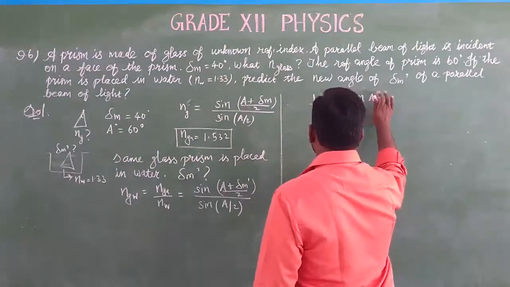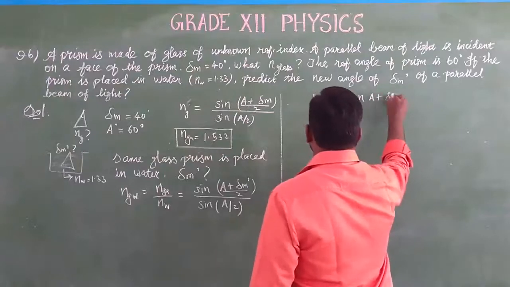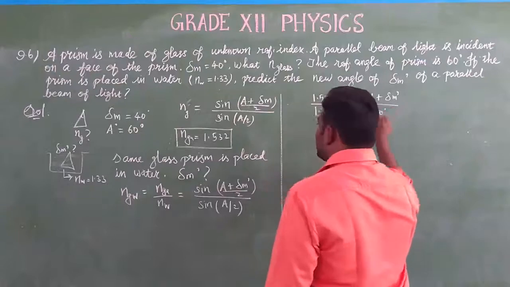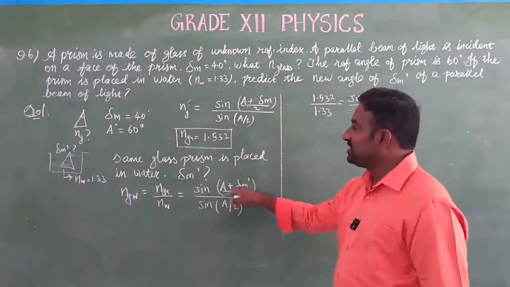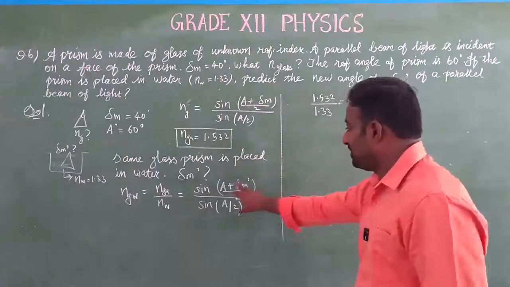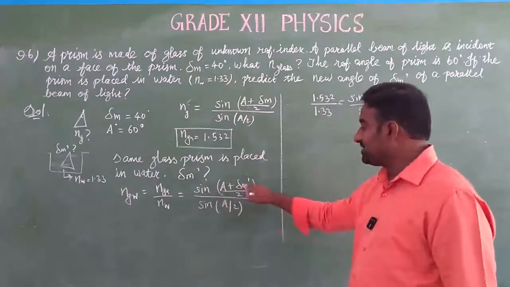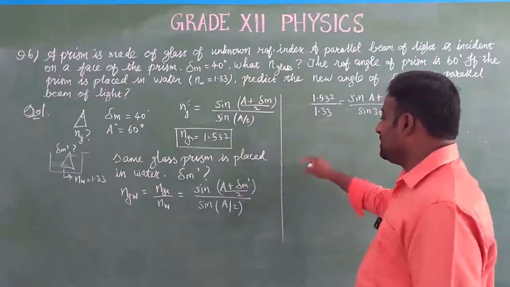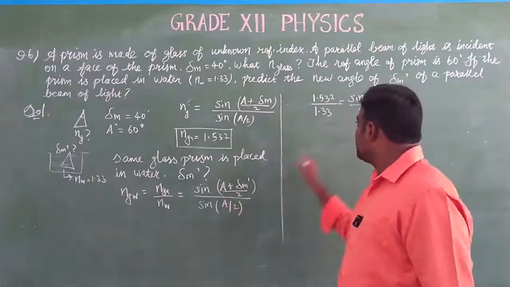A is 60 degrees, so A plus delta m dash divided by sine 30. In this formula you are substituting the angle of the prism, and we don't know the value of the angle of minimum deviation. This only we want to determine. But 60 by 2 becomes 30.